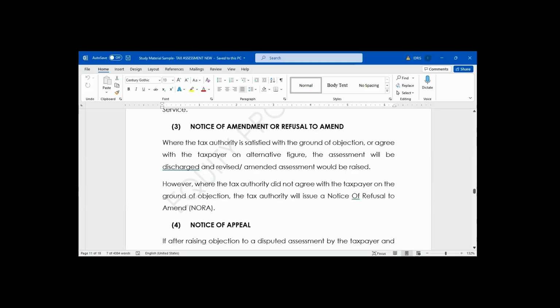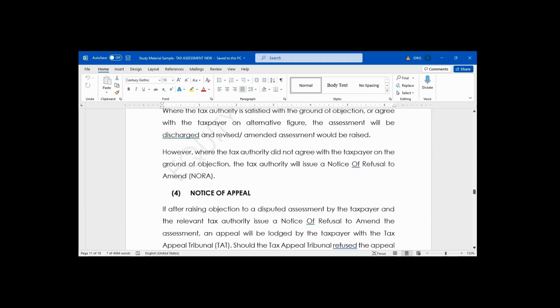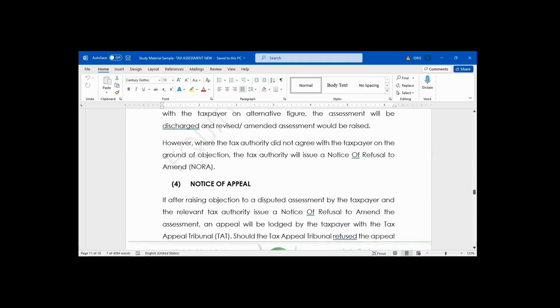Notice of appeal is a letter written by the taxpayer based on the letter received from the tax authority based on notice of refusal to amend. Taxpayer will now write another letter, notice of appeal.